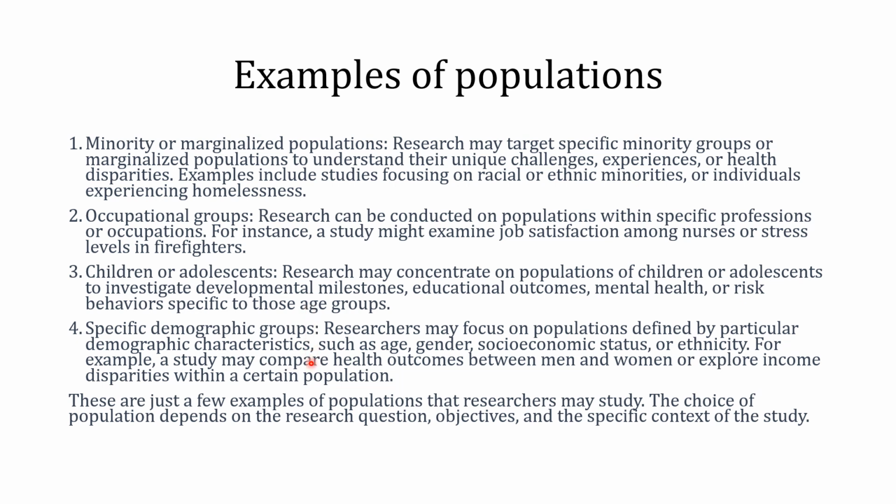And specific demographic groups, for example, certain socio-cultural groups or certain groups who have similar economic status or ethnicity. These are a very few examples of populations that you may want to study. The choice of population will depend on the research question, the objectives, and the specific content of the study.